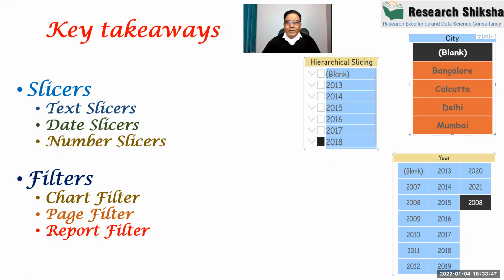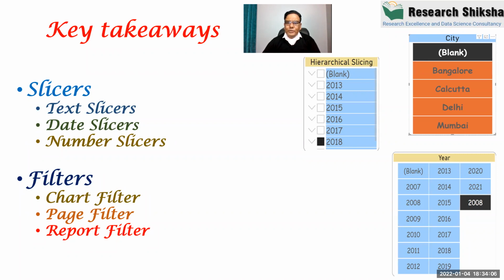Like for example, if we have the stock market data, and we want to see only those stocks which have the PE ratio between 10 and 20. So we select that range, and the software will show me those stocks which are having PE ratio in that range.